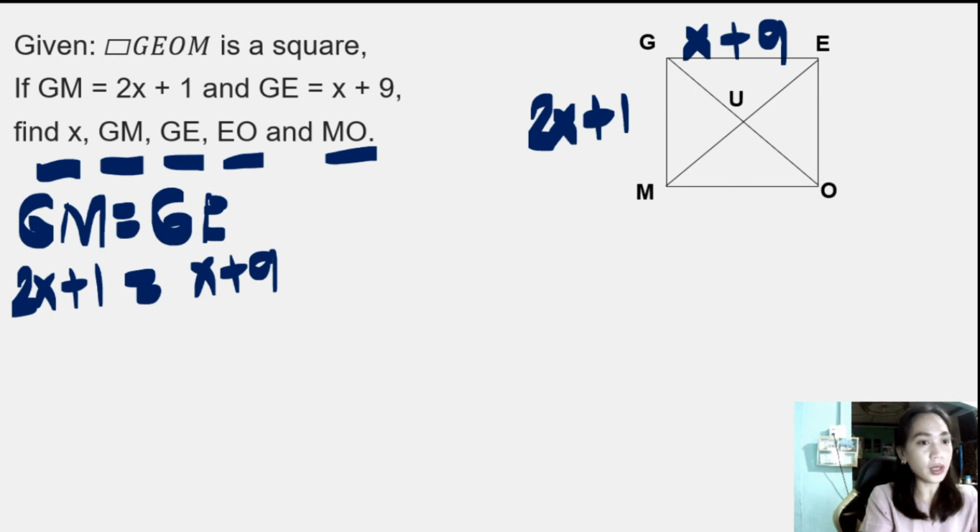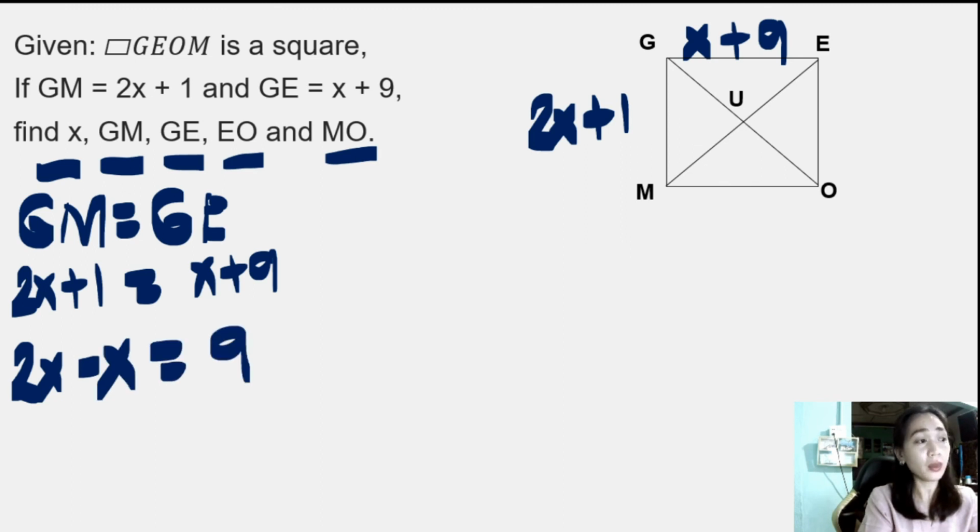Using the addition property of equality, pagsamahin natin yung mga like terms. So, you have 2x minus x is equal to 9 minus 1. Therefore, x is equal to 8.